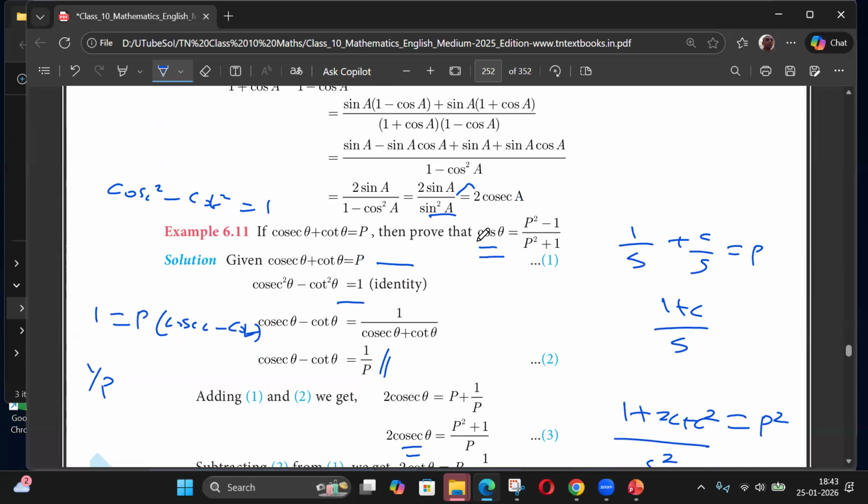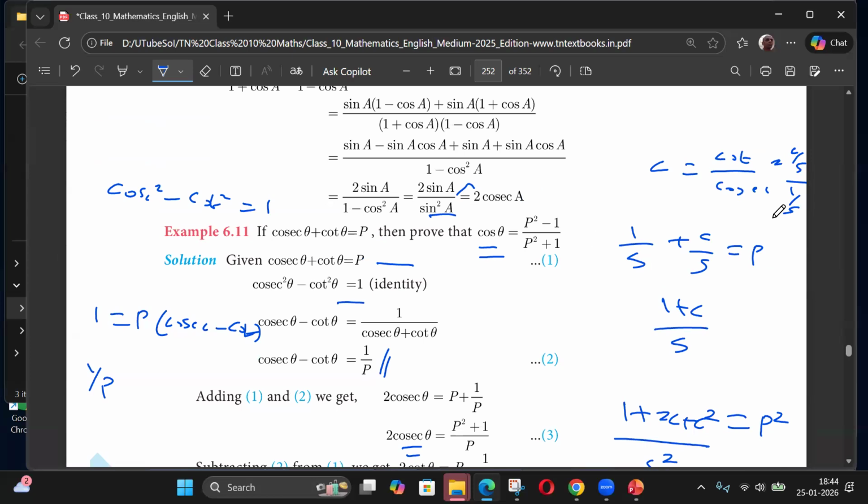One thing, recognize the pattern. So cos is nothing but cot by cosecant, because cot is cos by sine and cosecant is 1 by sine.